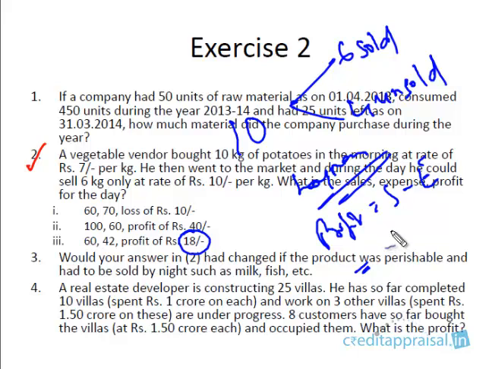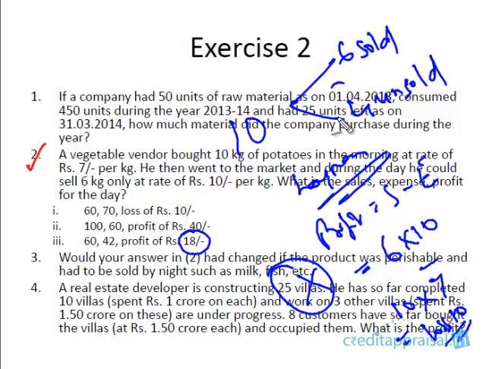So sales, you could sell only 6 kgs at the rate of 10, minus expenses of 10 kgs which he purchased at the rate of 7. So 60 minus 70 is a loss of 10, right? We said this is not correct only because the 4 which were left unsold, for us it is not a loss. This is only a case of deferred profit.